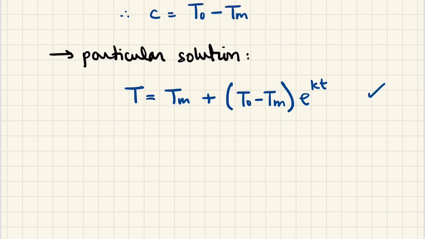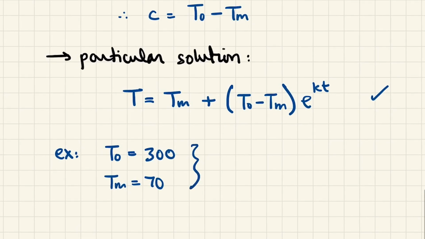So how does this get used? Well, suppose that you have some initial body which is 300 degrees and a surrounding medium which is 70 degrees. Then this would be your model for the cooling of that body. 300 minus 70 is 230, e to the kt.